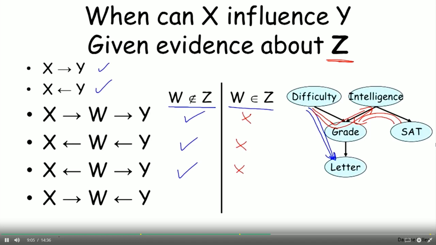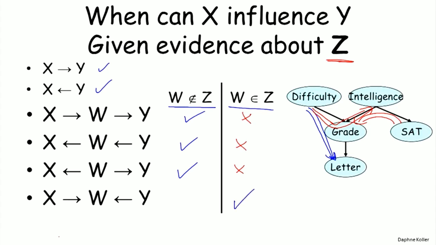So in this case, if W is in Z, actually we're in the case where influence can flow. So this case is working in exactly the opposite way to the previous three cases.